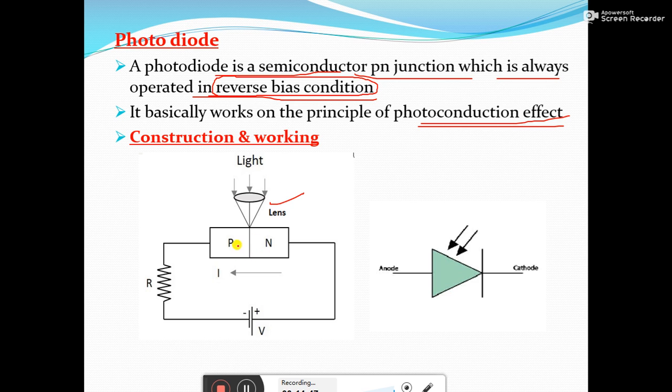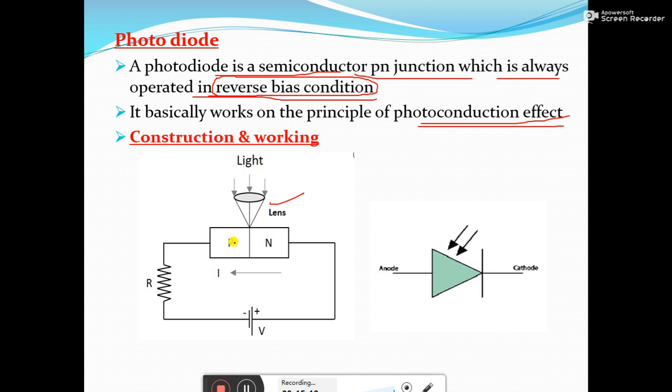As you can see here, this diode is reverse biased. The P is connected to the negative terminal of the battery source and N is connected to the positive terminal of the battery source. Due to reverse biasing, the depletion region here will be wide. Whenever the diode is operated in reverse bias, the majority charge carriers move away from the junction.